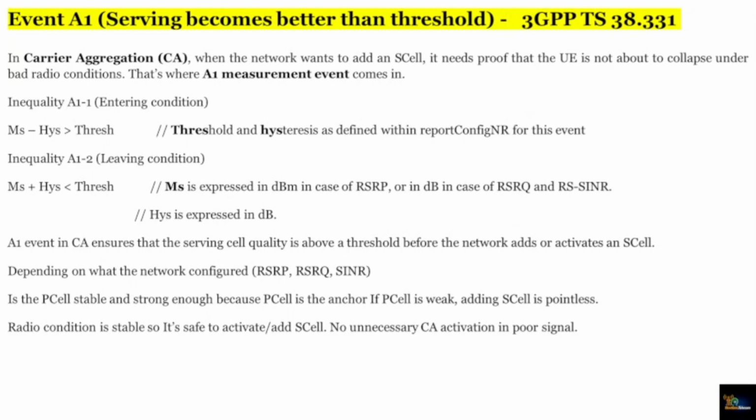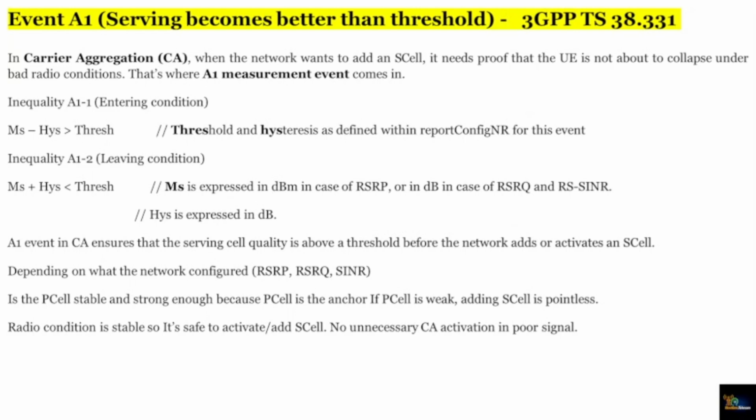Here, hysteresis is an offset value which is added to the actual measurement report. If it is less than the threshold, whatever threshold they decide, suppose they decide minus 85 and it is less than minus 85, then it is a leaving condition.